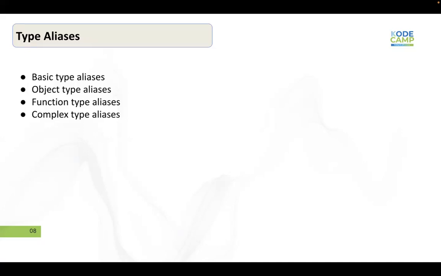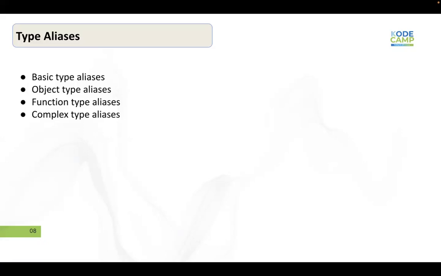They are defined using the type keyword and provide a way to create reusable, descriptive type definitions. Type aliases are particularly useful for complex types, union types, and making your code more readable and maintainable.